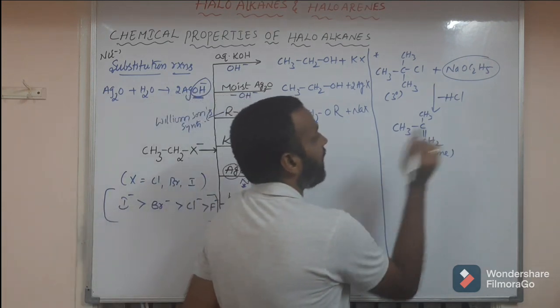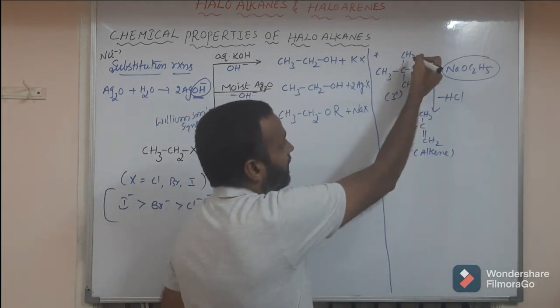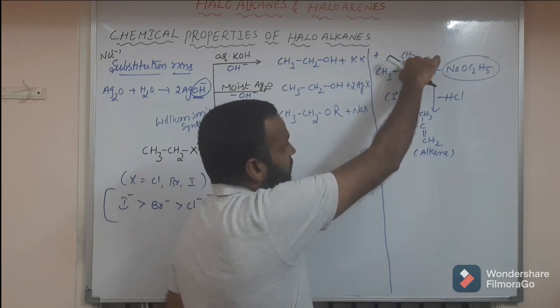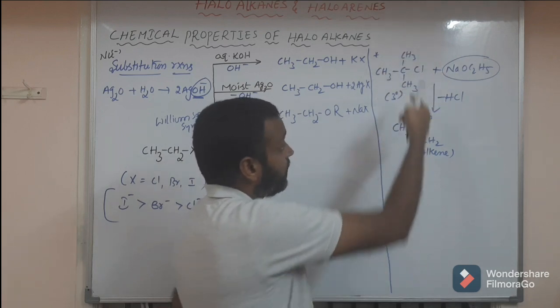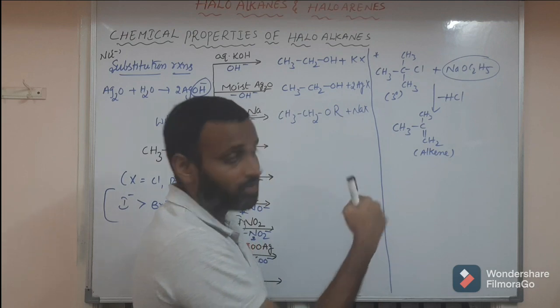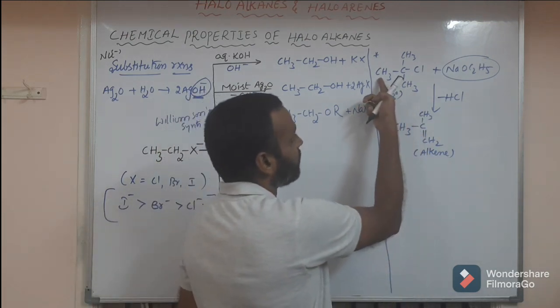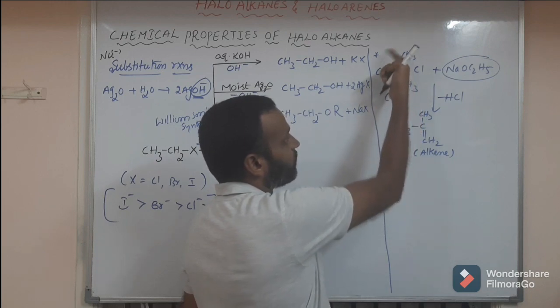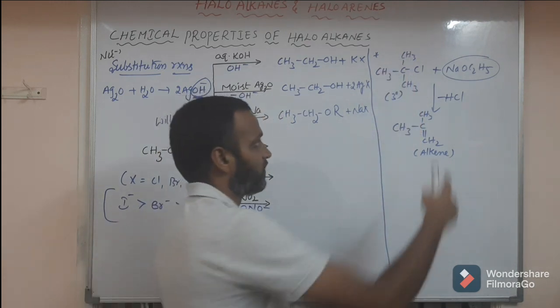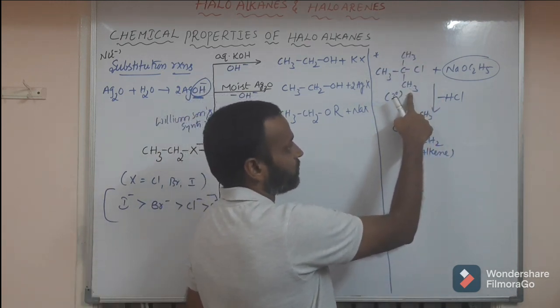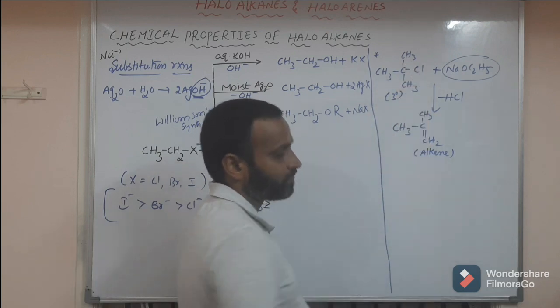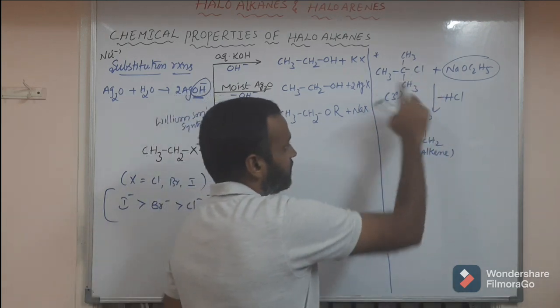Alkene is forming, by removing hydrogen from here and Cl from here, so the double bond must be here. They will ask, but all are methyl groups. You can remove hydrogen from anywhere, from here, here or here. I removed it from here, so the double bond is here and Cl is removed from here.